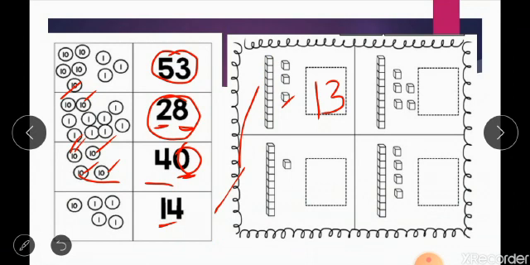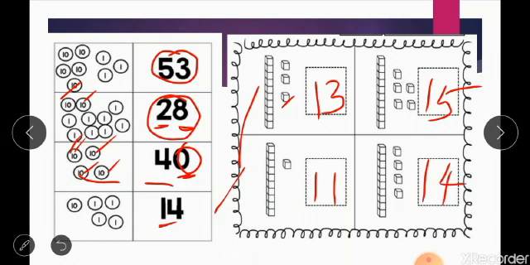And here also I have only 1 ten block and the individual ones blocks are 5, so my number is 15. Here I have 1 ten block rod and individually 1 is separate here, so I can write 1 ten and 1 one. Here I am going to write 1 ten and my ones is 4, so the number is 14.